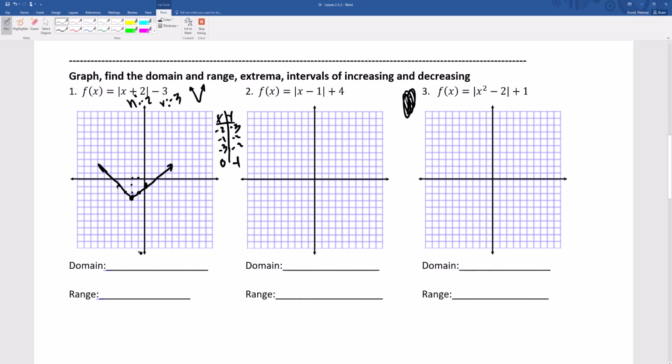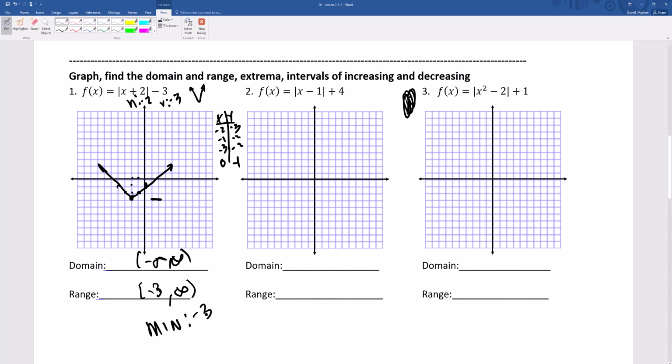And so our domain is -infinity to +infinity. Our range is going to start here at -3, and it's going to go on to infinity. The extrema, I have a minimum. Now extrema is how high or how low your function is, and so the extrema is going to be at -3.